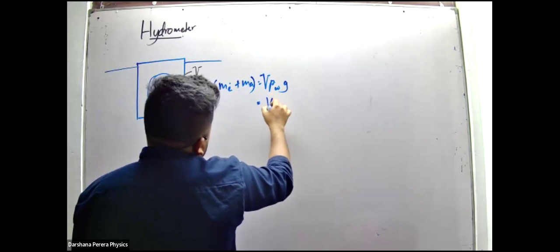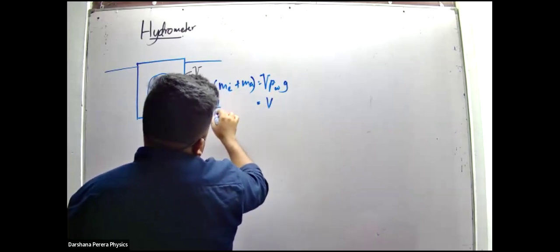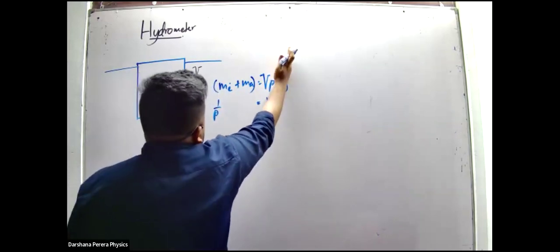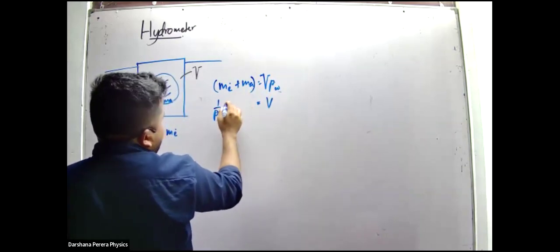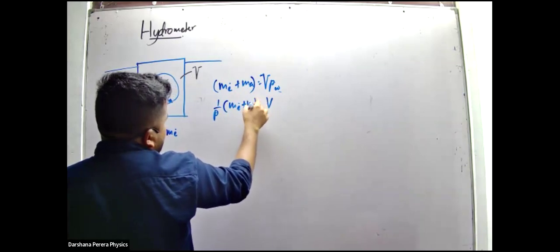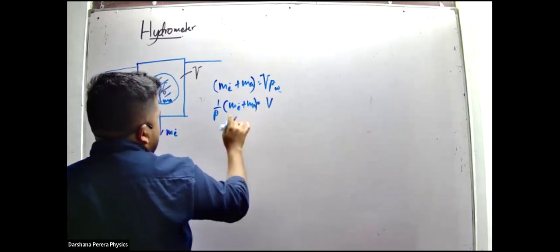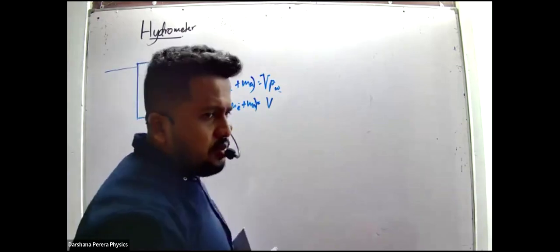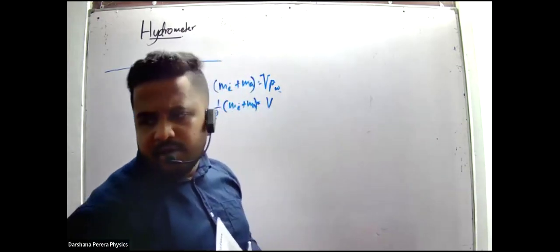Therefore, V equals, rho is cancelled out now, Mi over rho. This is the volume which is displaced.